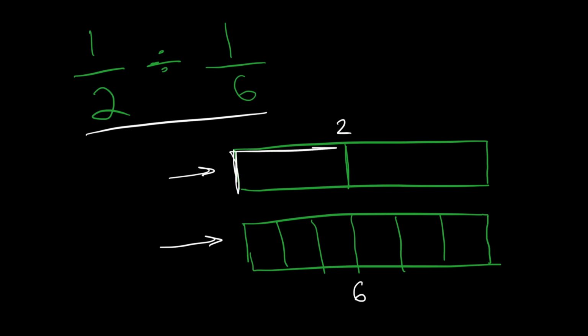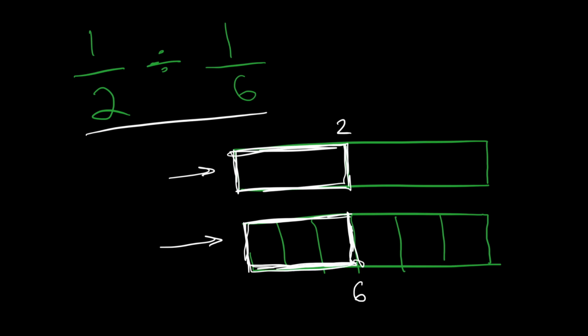So this is one of the pieces of the 1 by 2 piece, right? And this is the same piece, the same area, but on a different bar, the 6-piece bar. So how many pieces are in the section that I just boxed on the second bar? There's 1, 2, 3 pieces.